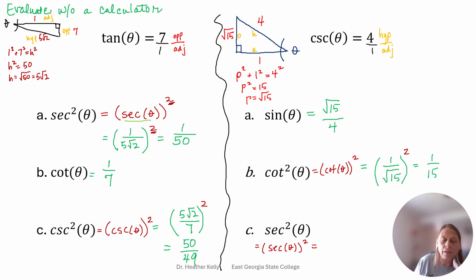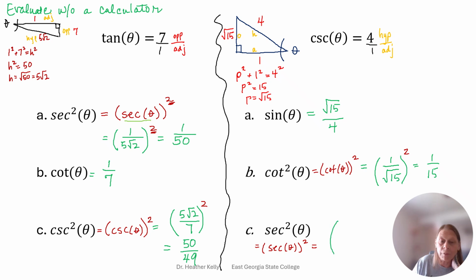And finally, the secant. The secant is 1 over cosine. The secant is also the reciprocal of the cosine, but I don't have any of that, so let's just get it.